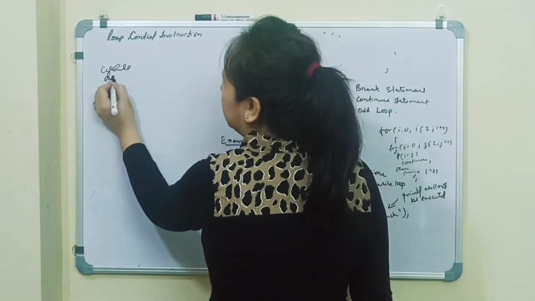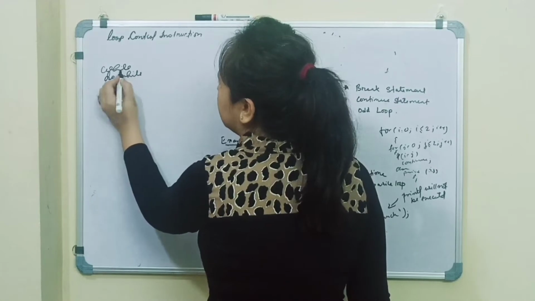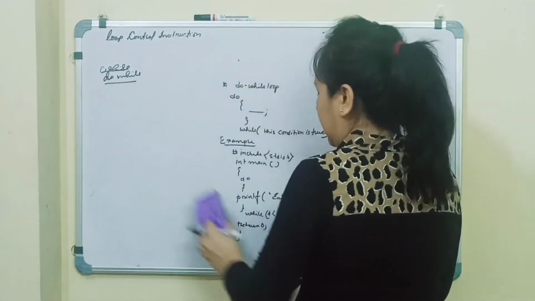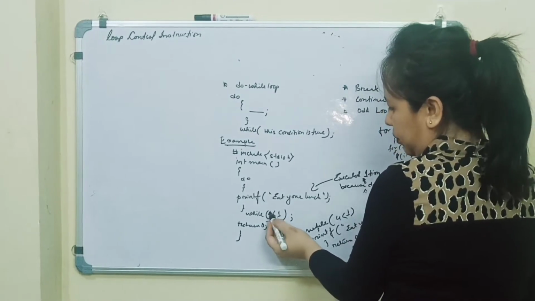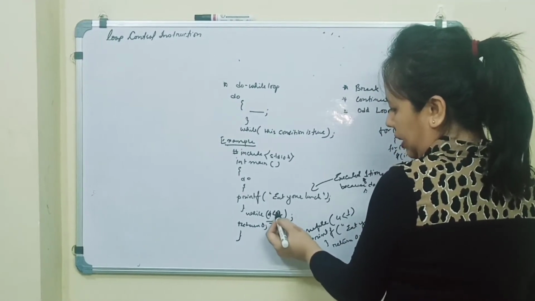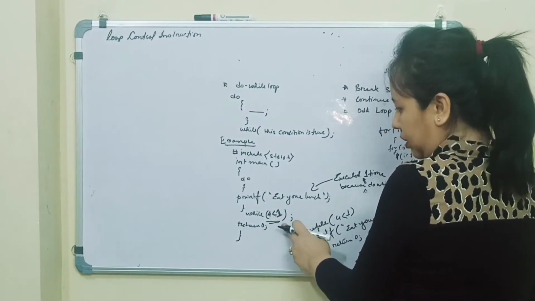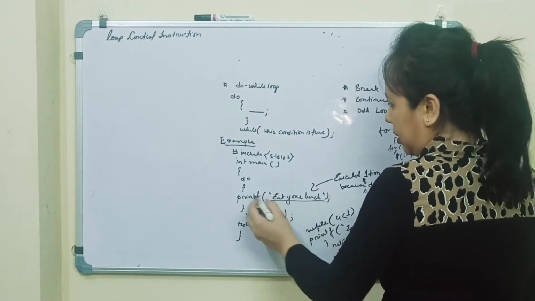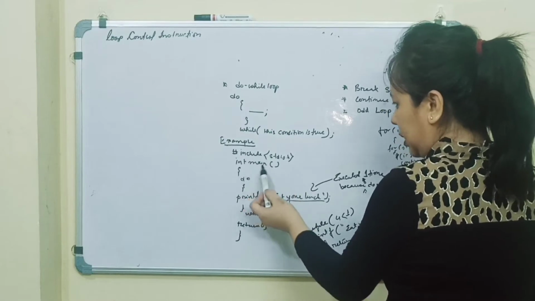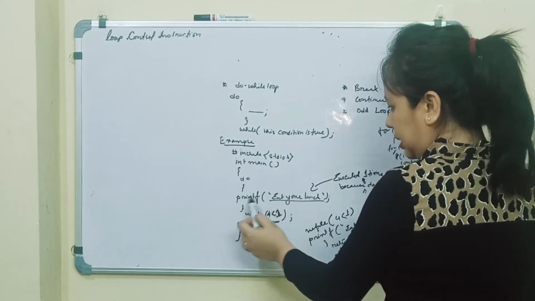But sometimes what happens, so what is the difference between while and do while? Both of them do the same thing, so the main difference between while and do while is that in do while, even if the condition is false, like 4 less than 1, this condition is totally false, then also in do while this line will be executed.